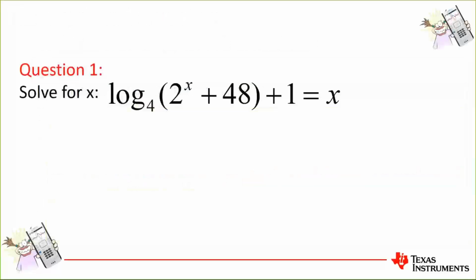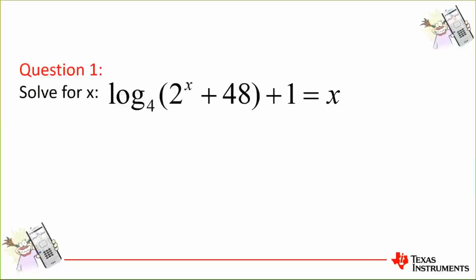Our first question is actually quite an easy question when you're using technology. It doesn't look all that easy when we first look at it, but we're solving for x. So we've got log base 4 of 2 to the power of x plus 48, plus 1 equals x.